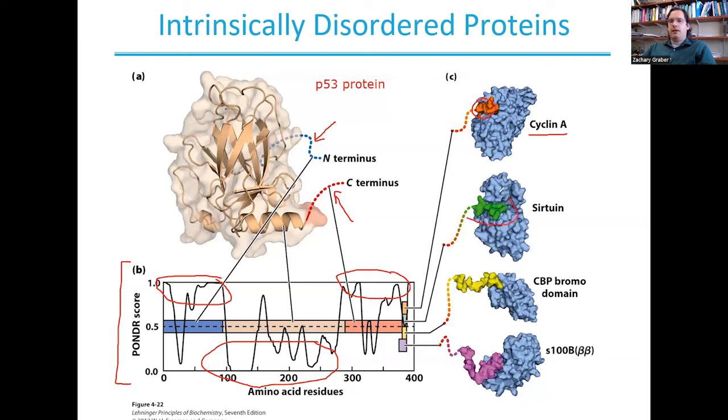It adopts a slightly different shape as it binds to this sirtuin protein, and so on and so forth. It's able to change its shape as it needs to bind to different proteins, rather than just having one specific shape that can only bind to one specific protein.